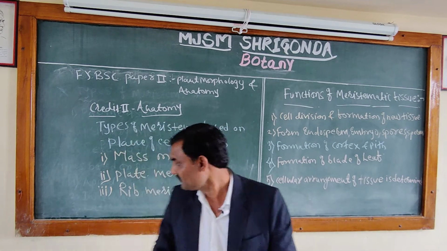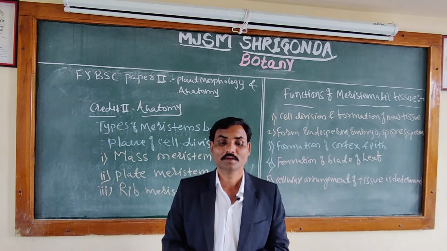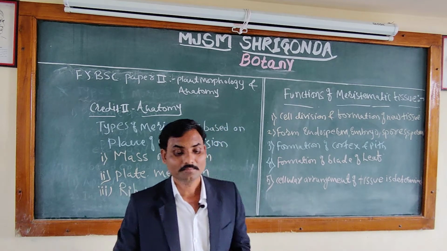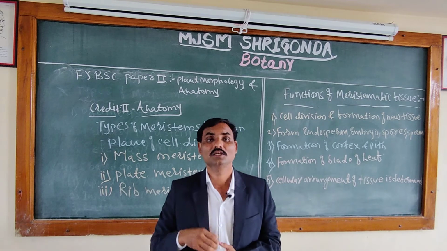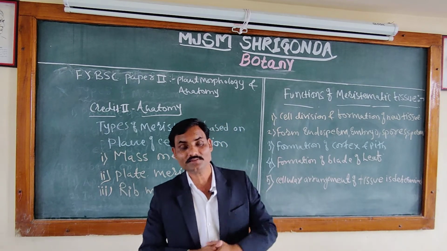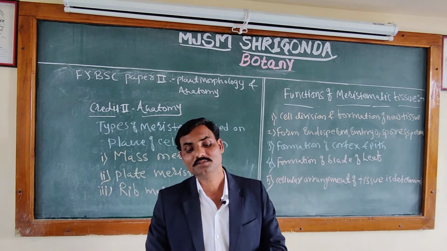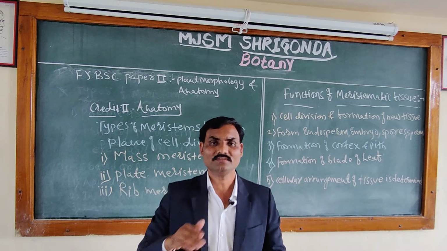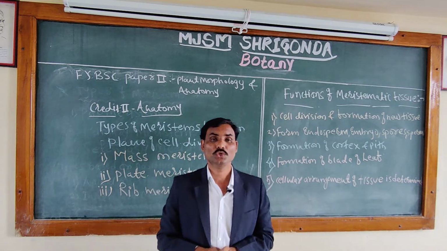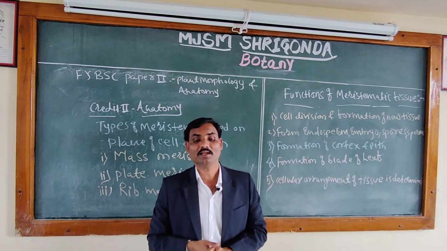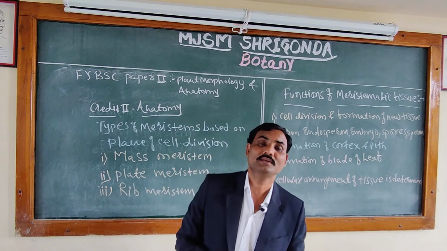Then what about plate meristem? What is the function of plate meristem? Plate meristem divides anticlinally in two planes, so that new cells are formed in layers. New cells are formed in the layers, and the uniseriate epidermis or multiseriate flat blade of leaf is formed.